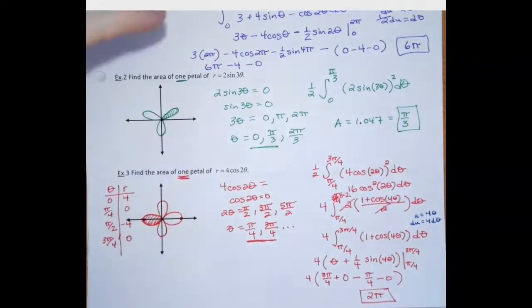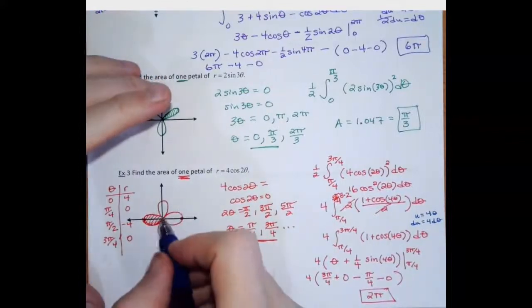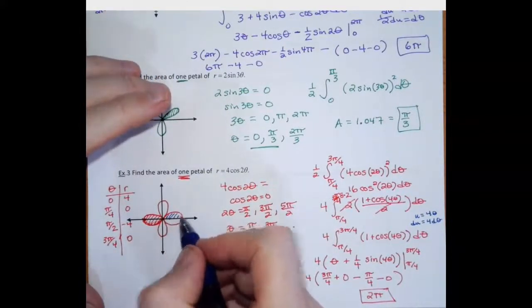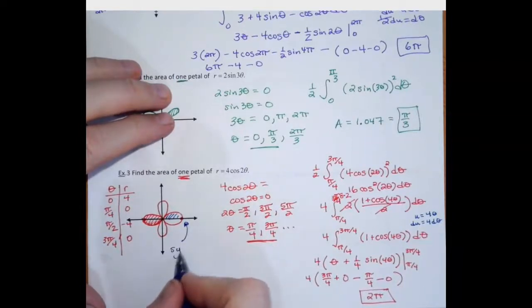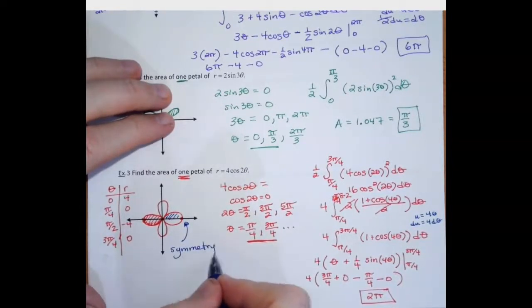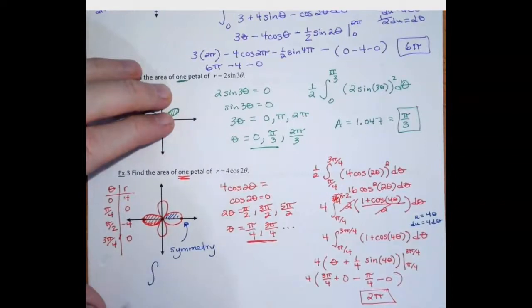Alright, now, the other idea I had here was, if we think about symmetry, we could have integrated this from 0 to pi over 4 instead.